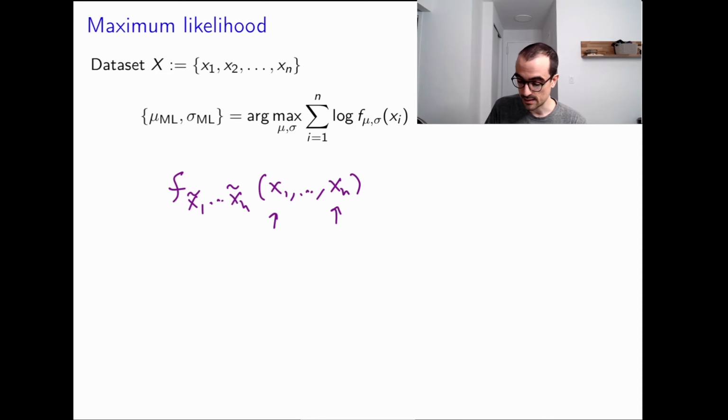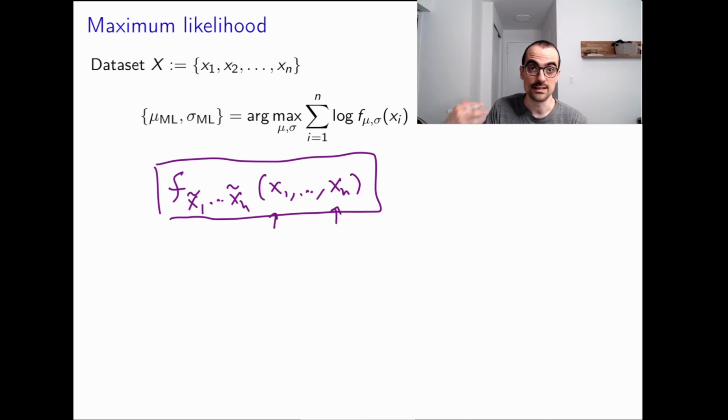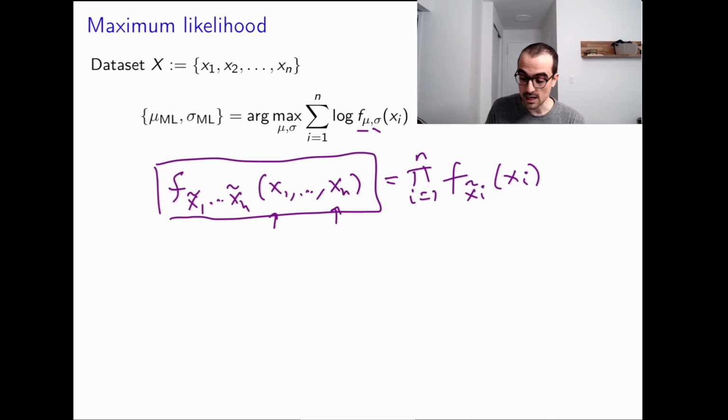And this is given by a Gaussian density if we assume that the data are indeed generated as samples of this Gaussian distribution. And if the data are independent, then this is going to factor into the product from 1 to n of the Gaussian density at each point. And here we're going to assume that this Gaussian density at each point has the exact same parameters, mu and sigma. If we take a logarithm of this, we obtain the log likelihood.